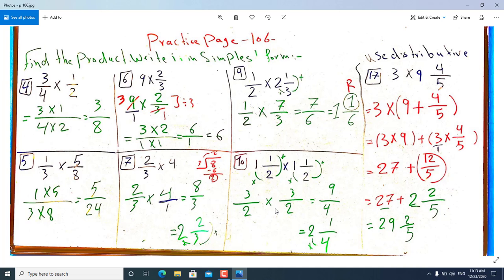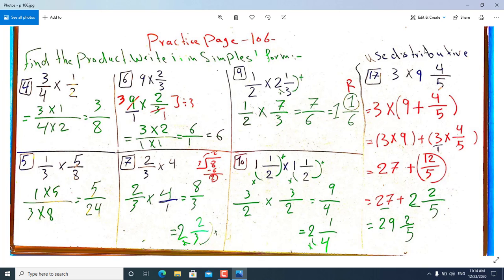So we can't simplify it, we just multiply. 3 times 3 is 9. 2 times 2 is 4. We get 9 over 4. 9 is more than 4, so we can divide 9 by 4. 9 divided by 4 is 2 and 1 is the remainder. How do you know that 1 is the remainder? Because 2 multiplied by 4 is 8, and for 9, 1 is the remainder, we need 1 to make 9.